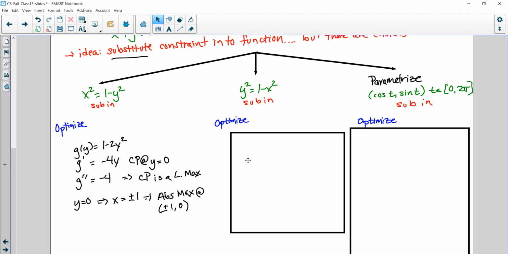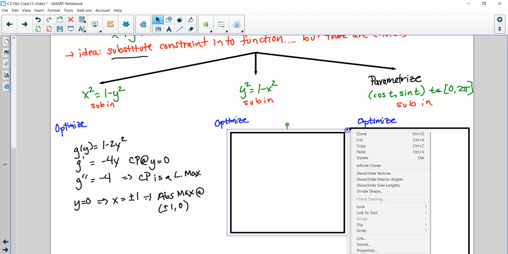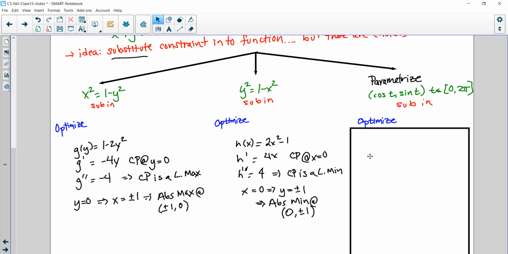Then we find the critical points, and we get y equal to 0 as the critical point. Then we do the second derivative, we get local maxes, and it's enough to say that we're at an absolute max. You can do the compact region method to prove that. Similarly, for the second one, if we solve that one, we get an absolute minimum.